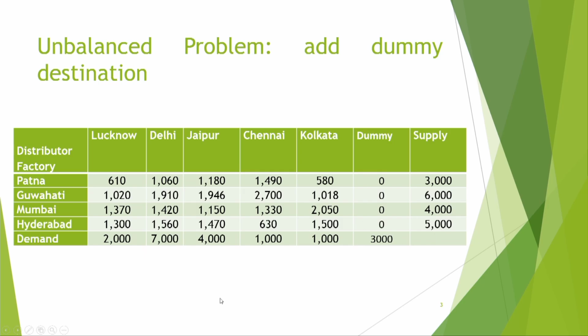Now we have to allocate that maximum amount to these units. That means we have to give one solution, and that solution will be a feasible solution. It is called basic feasible solution. So we have to start with northwest corner. Which is the northwest corner? Lucknow to Patna cell.